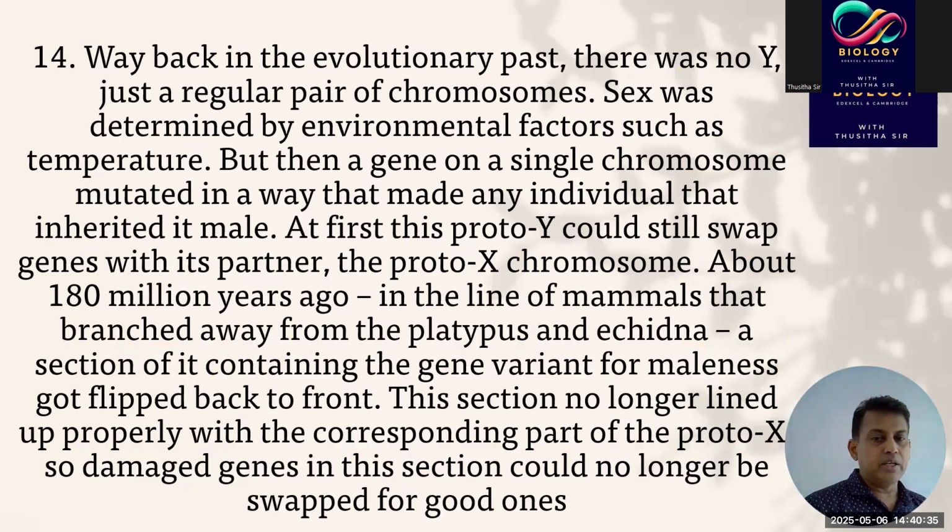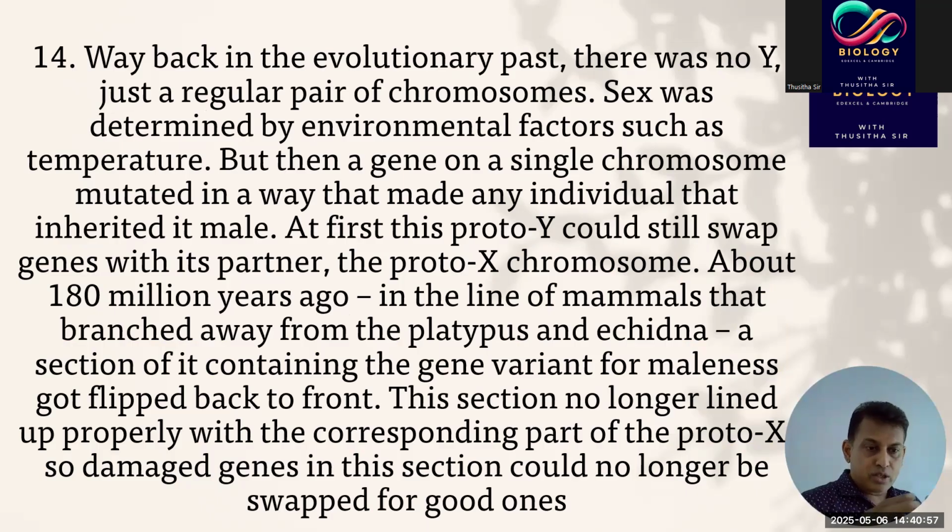Then, on the evolution of the Y and X chromosome: about 100 million years ago, the line of mammals that branched away from the platypus and echidna had a section containing the gene variant for maleness flipped back to front. That is the Y chromosome inversion.